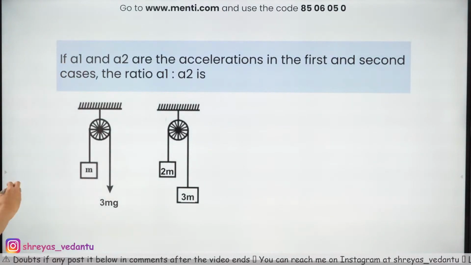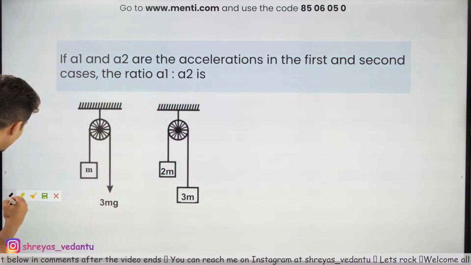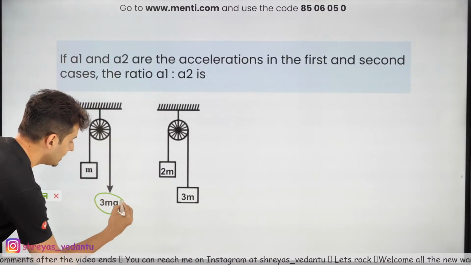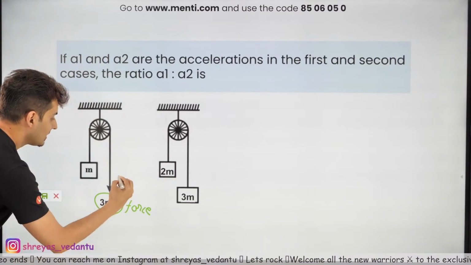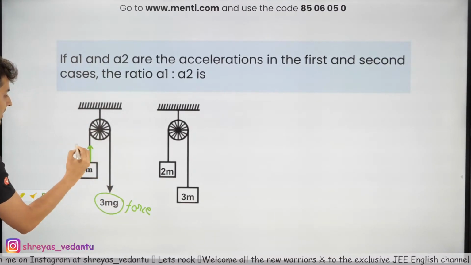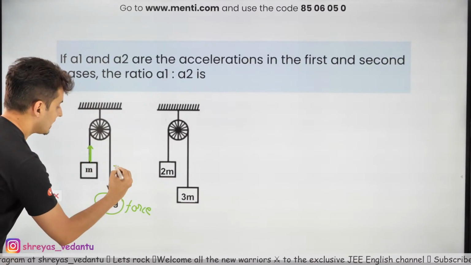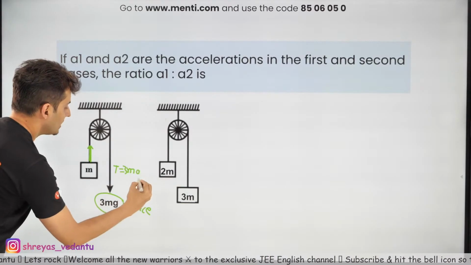Interesting. See, guys, over here, 3 mg is a force itself. That means this force is the tension in the string. This tension is 3 mg.